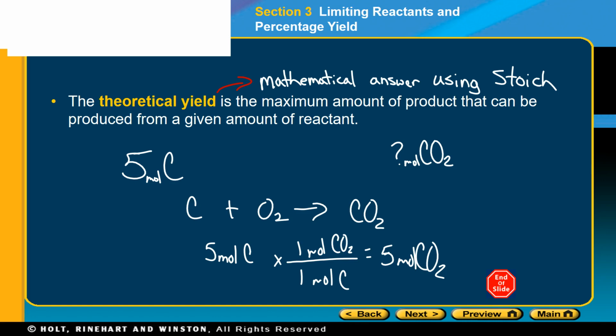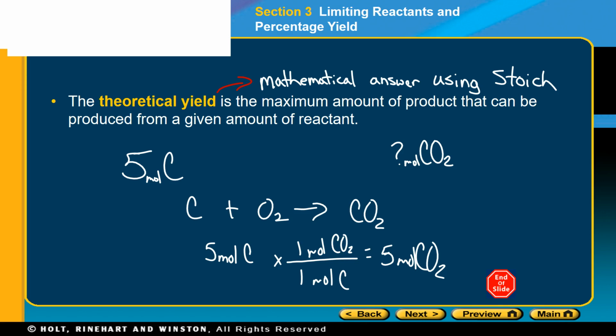If it was a 1-to-2, it would be half as much, things like that. And we'll see that later. But theoretical yield is what we get with our stoichiometric answer. All right. So that's our definition.